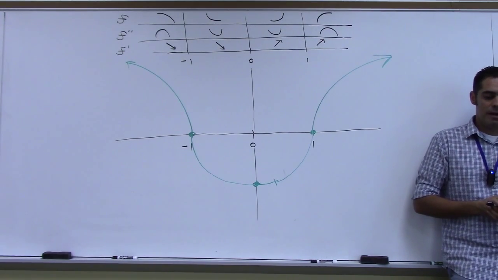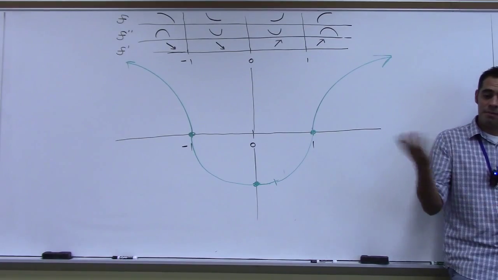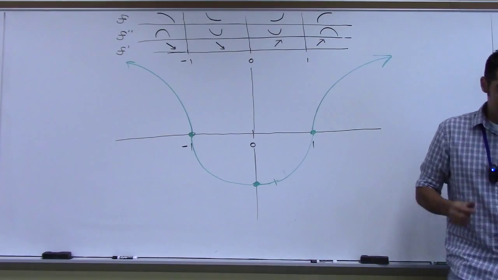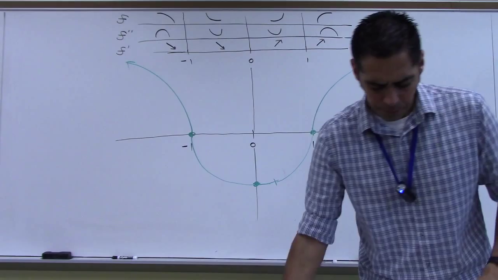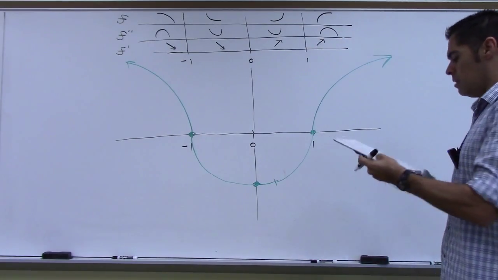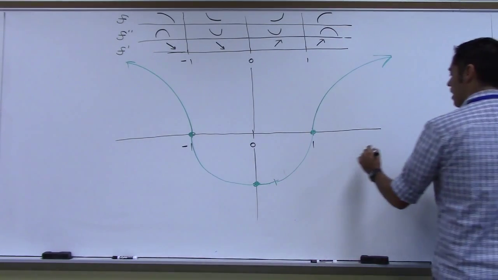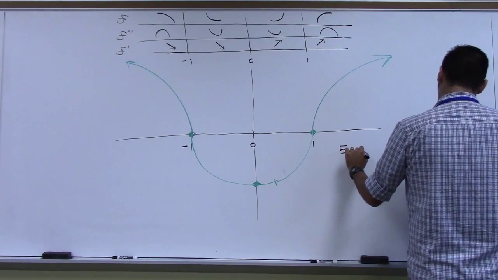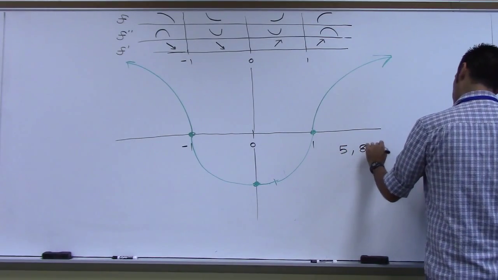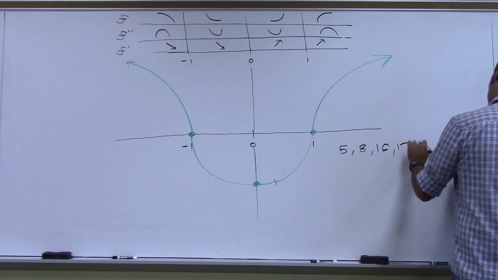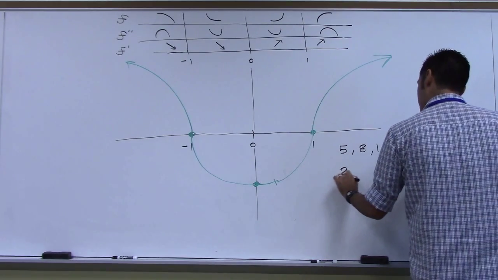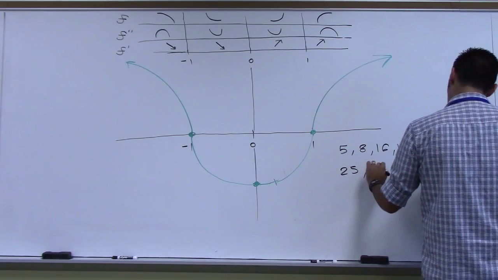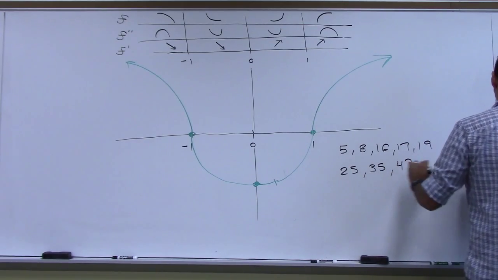So what I, again, invite you to do are the problems that I had told you to do last time. I'm going to list out the ones I had planned to do. Some of these overlap with what I said last time. My original plan was to come in here and do 5, 8, 16, 17, 19, 25, 35, 43.